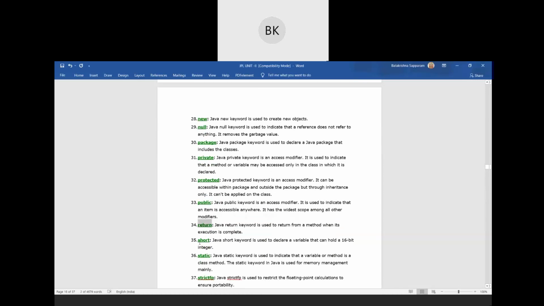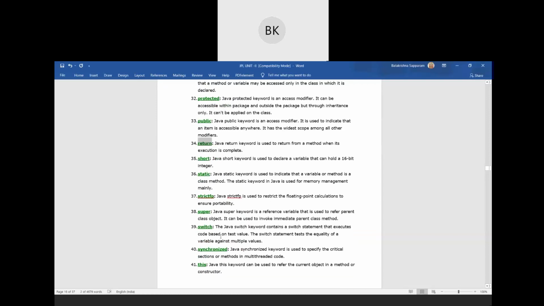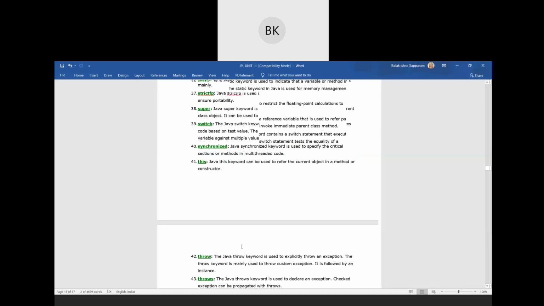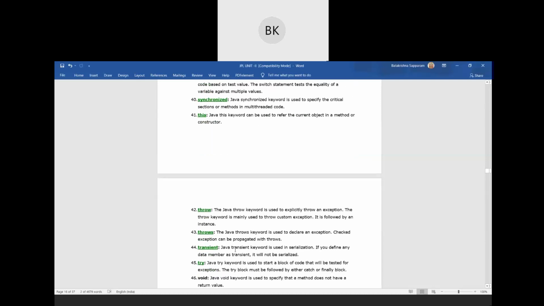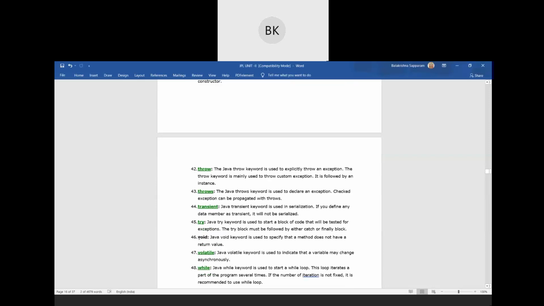Next, short is there. Static is there. No strictfp in C language. No super. Switch is there. No synchronized, no this, no throw, no throws, no transient, no try. But void is there in C language. While is there. No volatile.